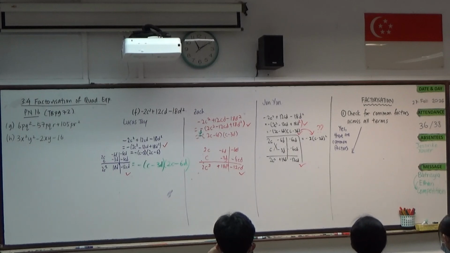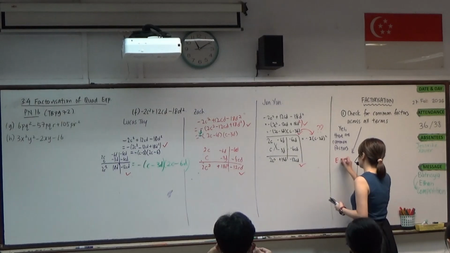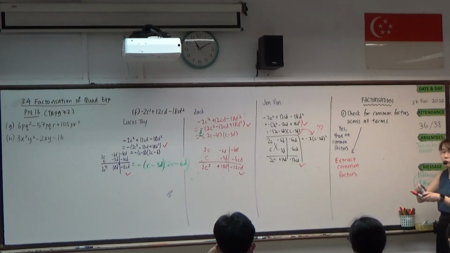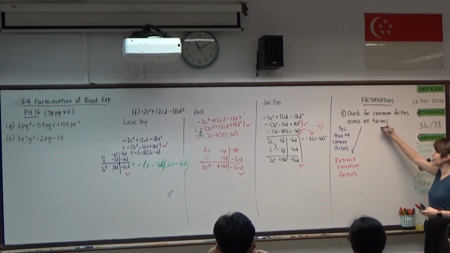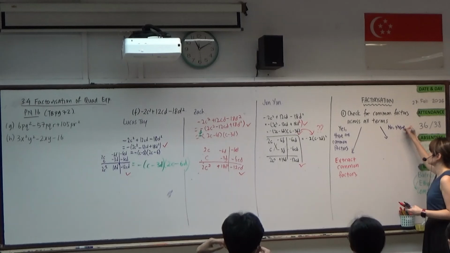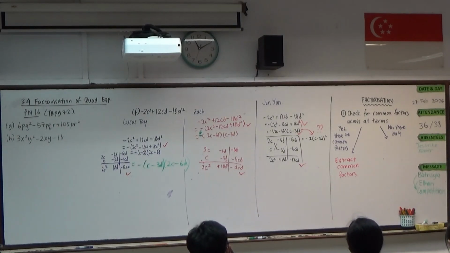Then we need to do the method, the process of extracting common factors. Okay, what if there isn't any common factors? Okay, if there isn't, then we are going to employ our other methods of factorizing.